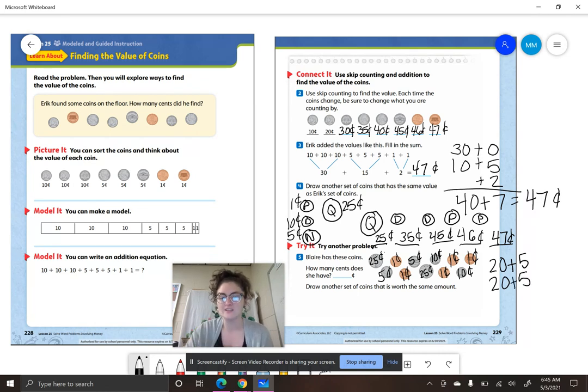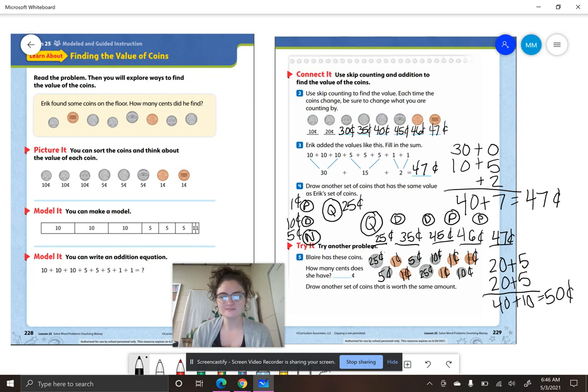So 25 is 20 plus 5 plus 20 plus 5. So 5 plus 5 is 10. And 20 plus 20 is 40. So the value of 2 quarters, 40 plus 10 cents, is 50 cents.